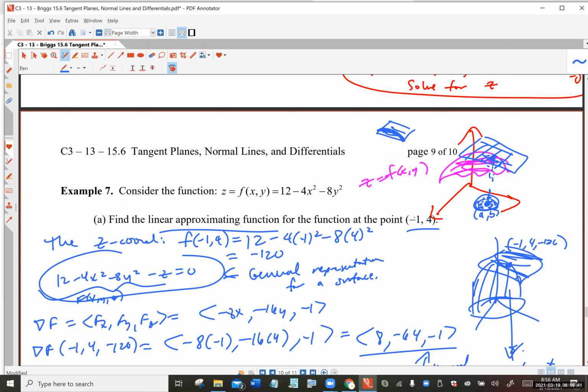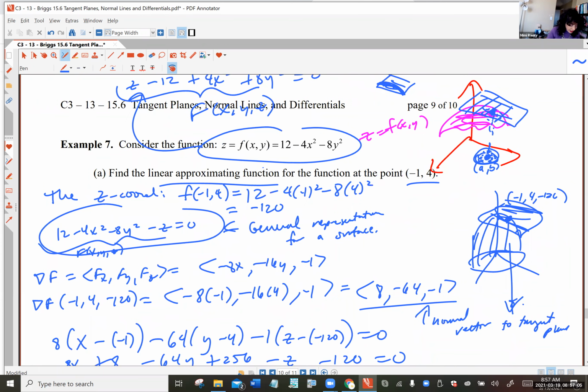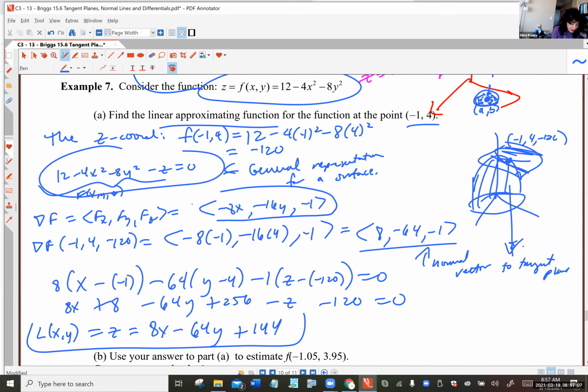Yeah. Good. So if I got everything on the other side, Hannah, where I would subtract 12 and add 4x squared y to both sides and add 8y squared to both sides, and then I called this mess on the left-hand side big F of x, y, z, would it still work? Yes. Well, how come? Well, your gradient is going to have all opposite signs, right?